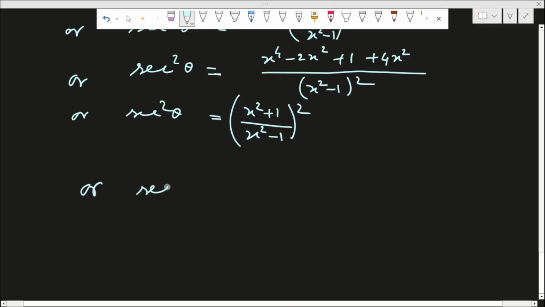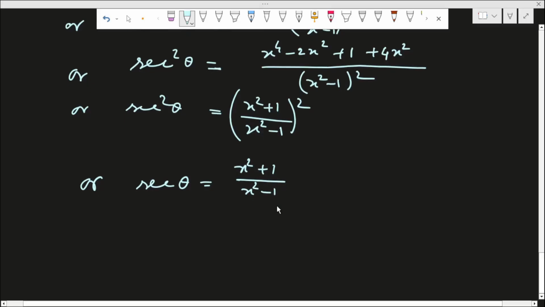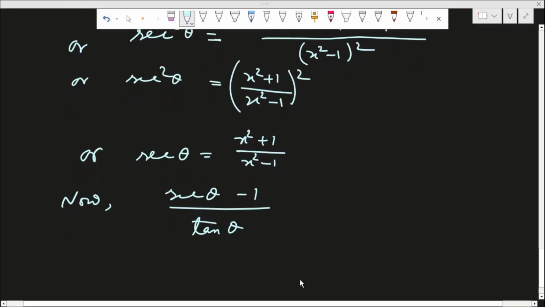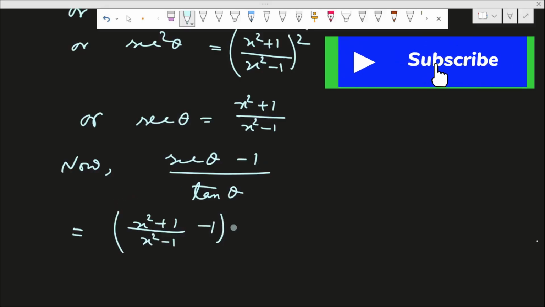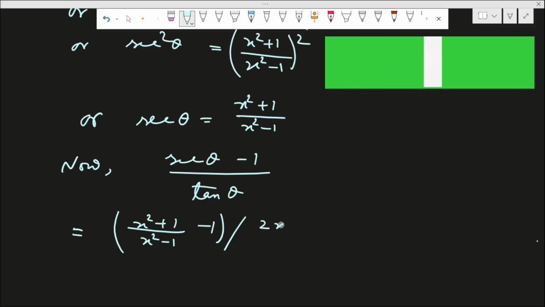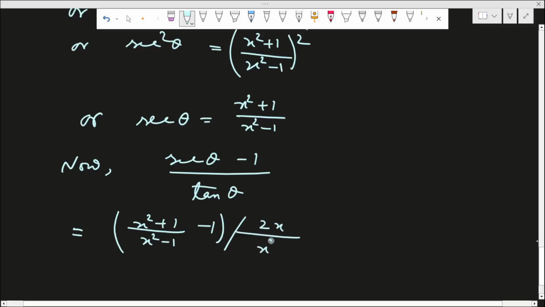Or sec theta is equal to x square plus 1 by x square minus 1. Now sec theta minus 1 by tan theta. Sec theta is equal to, put the values, x square plus 1 by x square minus 1, minus 1 by 2x by x square minus 1.